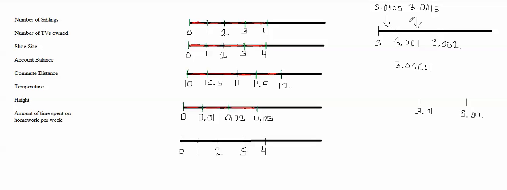So this isn't a gap area, and this isn't a gap area. And if we kept on doing this over and over again, and we kept on moving the decimal point out further, we still wouldn't find any gap areas. It would still be possible to have a person's exact commute distance between the two tick marks.